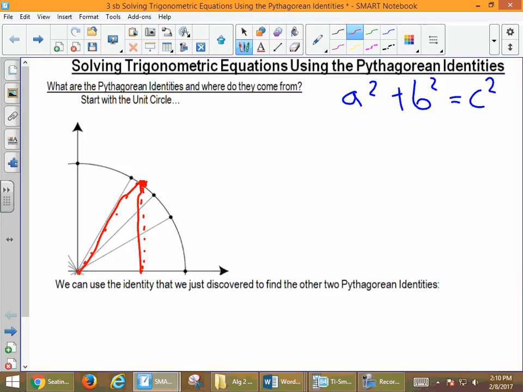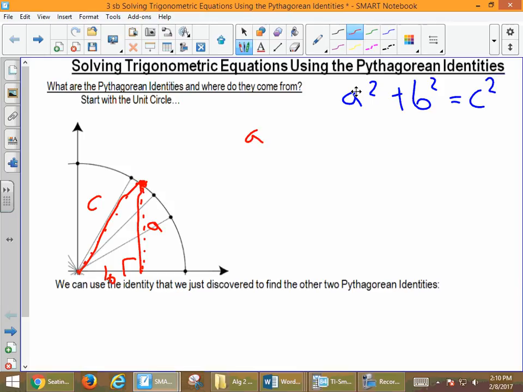And so this is just some value on the unit circle, some one that you probably don't have memorized. And so we know that a squared plus b squared equals c squared works for right triangles. And so we can label what our a, our b, and our c is. So we have a here, b down here, and then c.